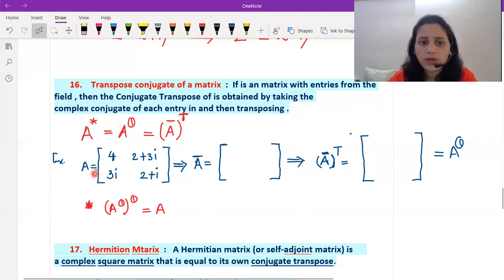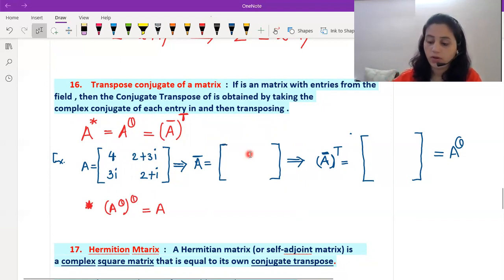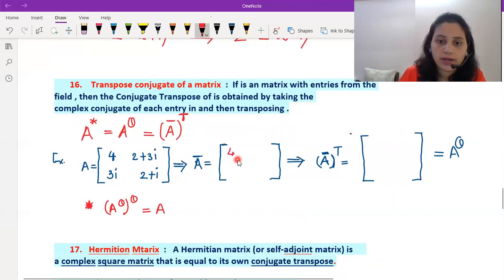Okay. For example, suppose A is equal to 4, 2 plus 3i, then 3i, 2 plus i, right? This is my given matrix. Now, by definition, first we find out the conjugate of the matrix. Now, what is conjugate of the matrix? Conjugate is nothing but every element of the given matrix we are going to replace by the complex conjugate of that number. Okay, so first we find out the A bar. So first, for real number as it is, now 2 plus 3i, right?